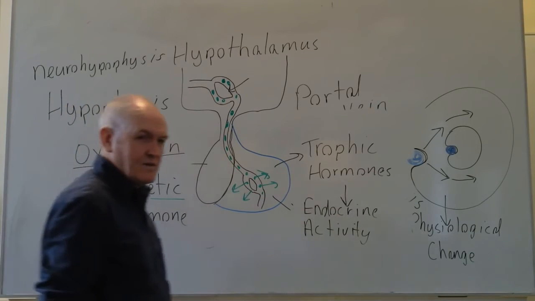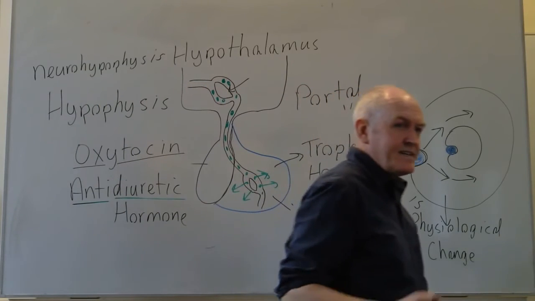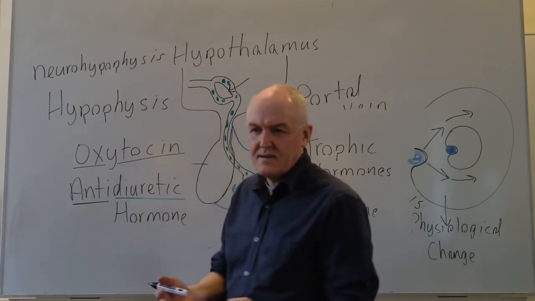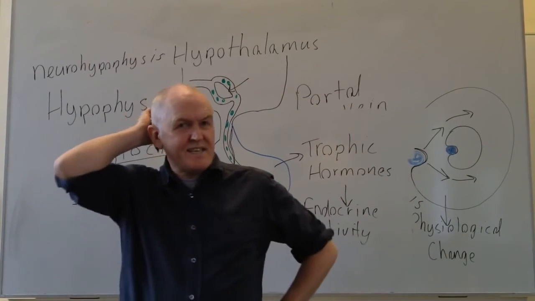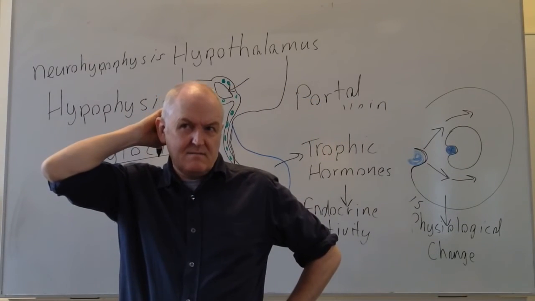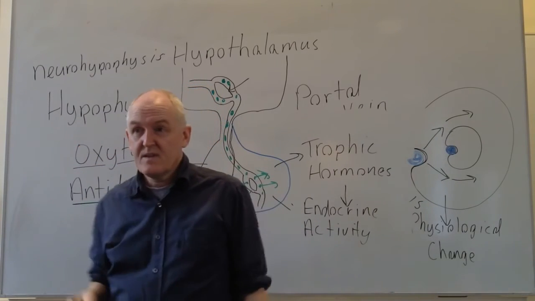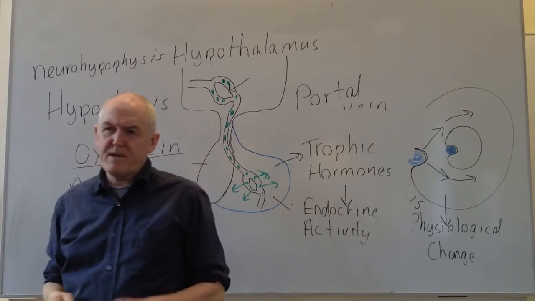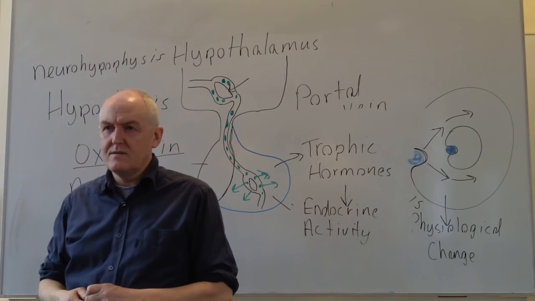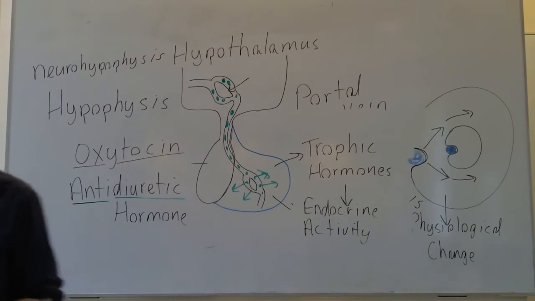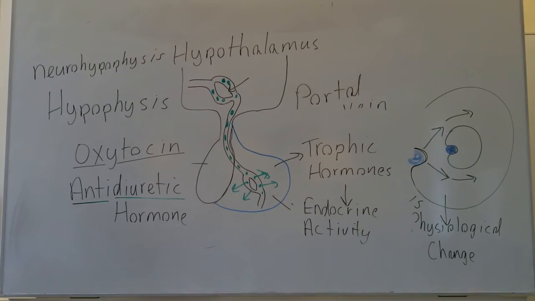It lowers urine volumes. So if the kidneys can get away with it, if the kidneys are just left to do their own thing, they'll produce about 20 litres of urine per day. That's what the kidneys like to do. I mean, you would be passing about a litre of urine per hour, wouldn't you? I mean, it would be seriously inconvenient. There is actually a disease where the hypothalamus doesn't make antidiuretic hormone.